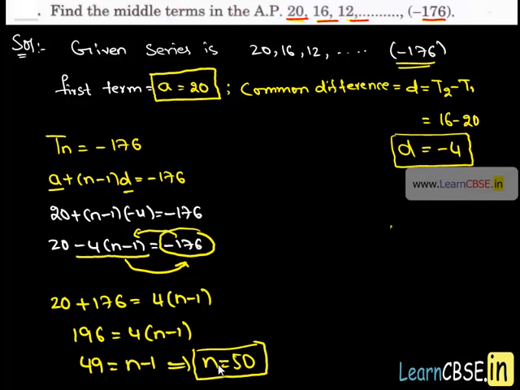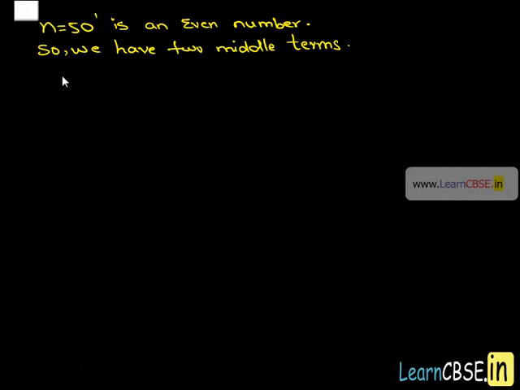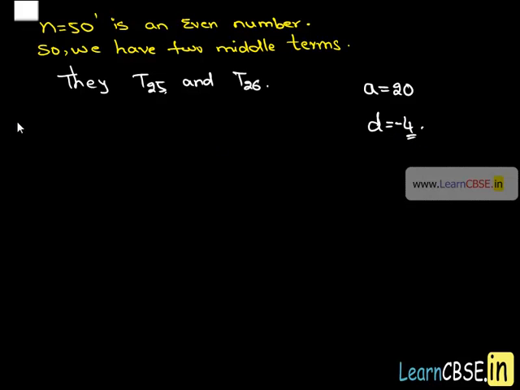The value of n is an even number, so we have two middle terms in the given series. They are the 25th term and the 26th term. To find these terms, we have the first term A equal to 20 and D is negative 4. Let's find the middle terms.